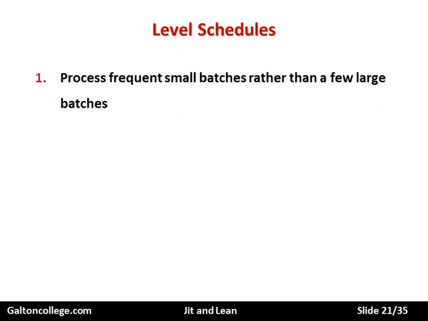Now, process frequent small batches rather than a few large batches. As I said earlier, there's a saving in raw materials and in storage, and it's more in keeping with the whole idea that if anything goes wrong, less is going to be lost as well. So there's more control in small situations with small batches.